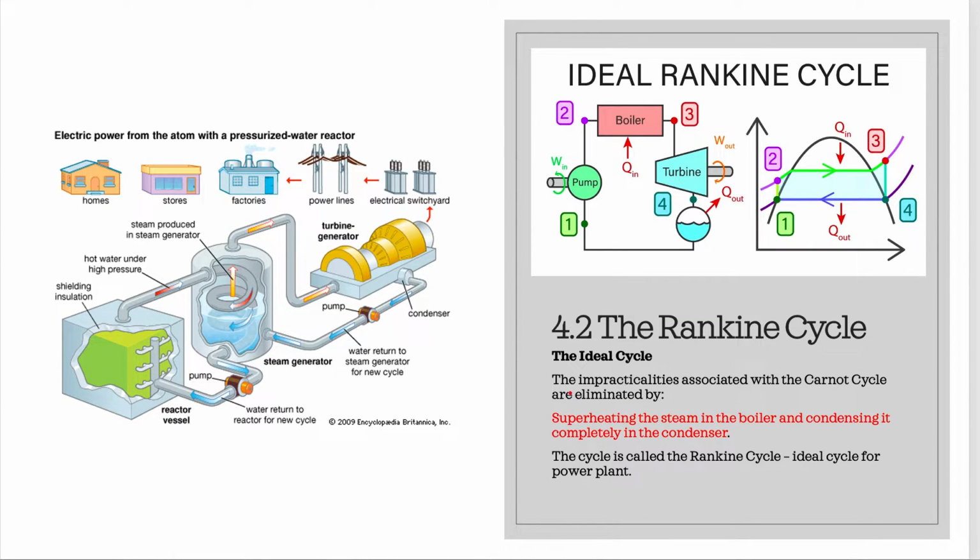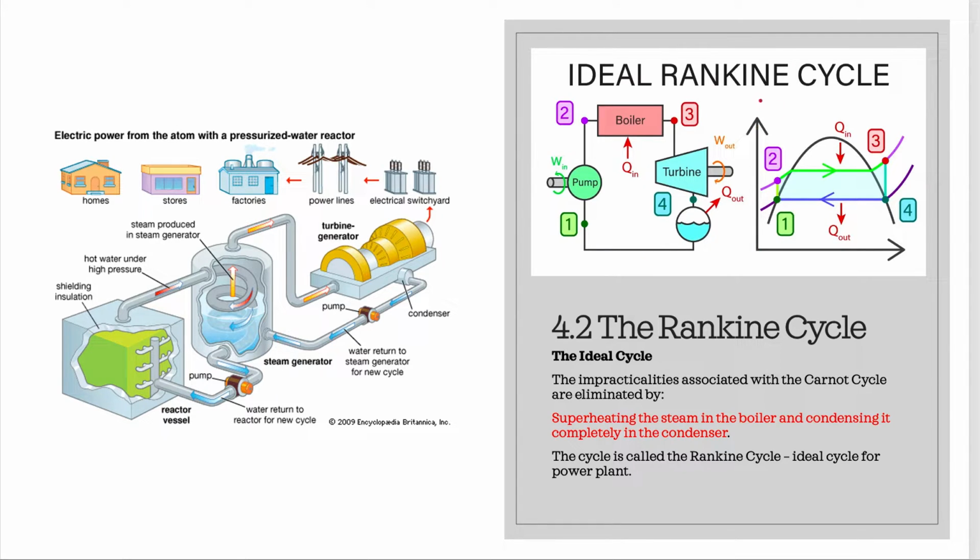Okay, so to modify this Carnot cycle, we rearrange the state. So this is state 1 at the inlet of the pump, state 2 at the inlet of boiler, state 3 at the inlet of turbine, and state 4 is inlet of the condenser.